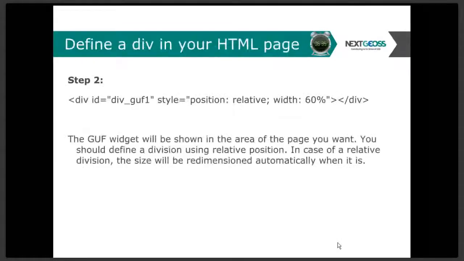That's a region in your HTML page where the user feedback and the button asking for new feedback will be presented. This area is going to be used by the widget, and at the beginning it will be empty, and when you ask for the feedback, it will be automatically redimensioned if the position is relative, as it is explained here.